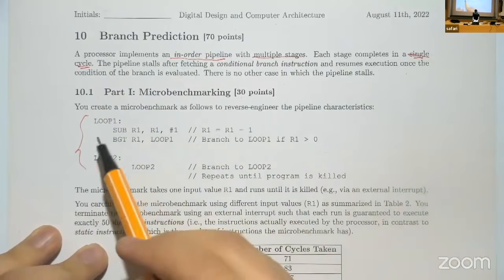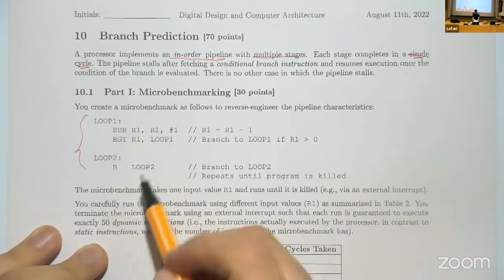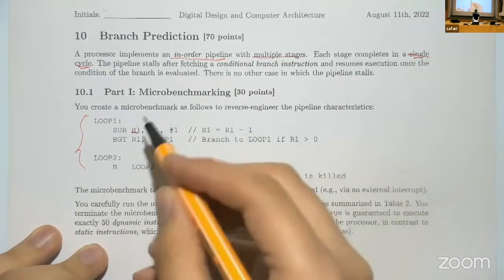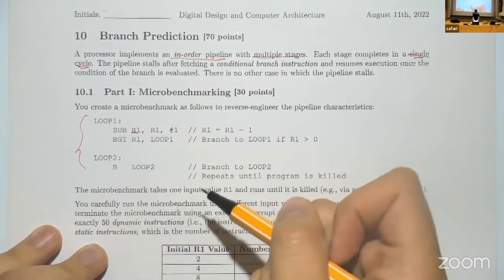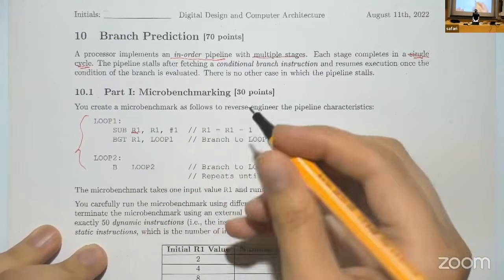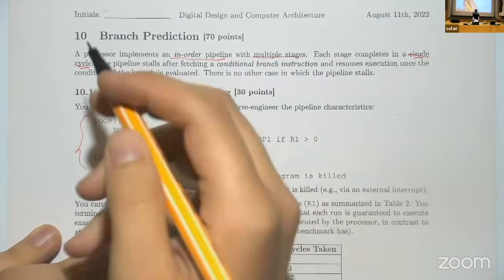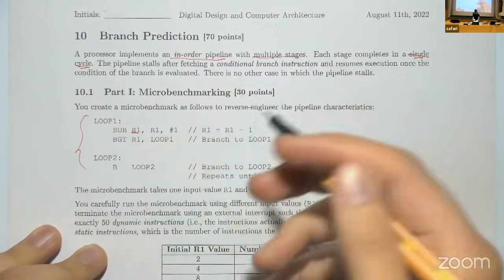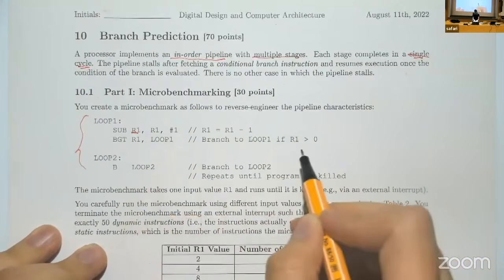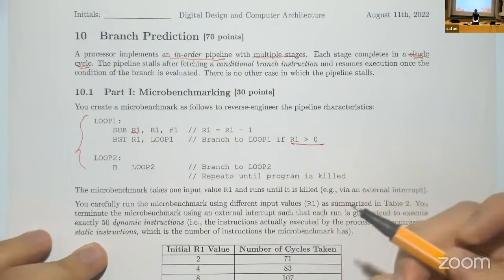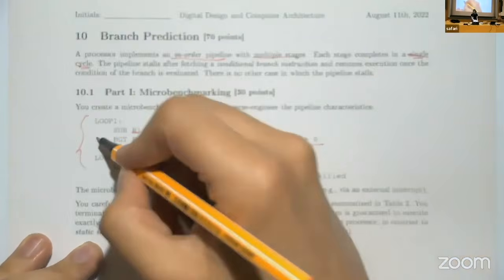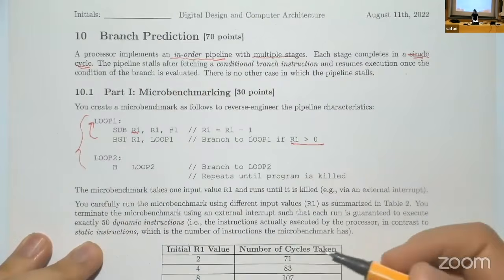In here we see two loops, and one loop depends on the value of this register, which is R1, and we subtract 1 from R1 in each iteration of the loop, and we check if it's greater than 0 or not. If it's greater, we go back to the loop here.